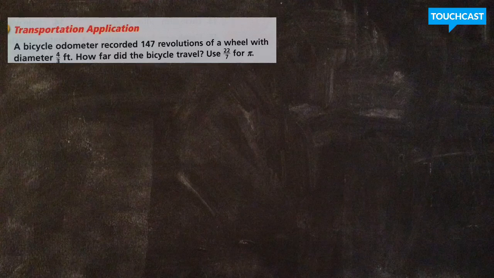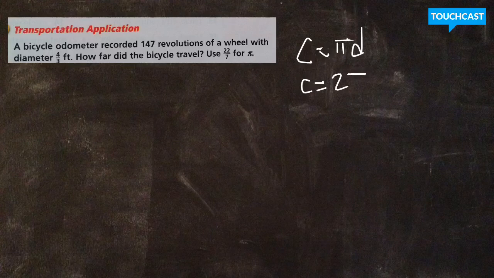So we need to know the circumference. We have two circumference formulas. C can either be pi times the diameter, or C can be 2 times pi times the radius. We were given the diameter, so we're going to use the first formula. C is equal to pi times the diameter.